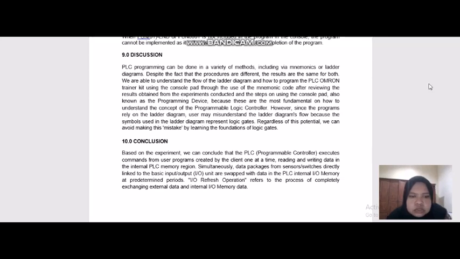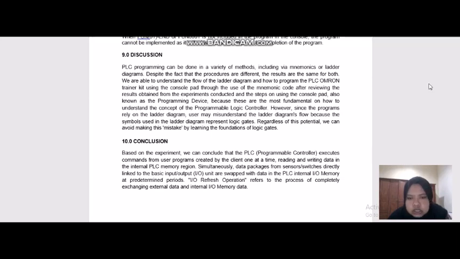So as for the conclusion, based on the experiment, we can conclude that the PLC executes commands from user programs created by the client one at a time, reading and writing data in the internal PLC memory region simultaneously.